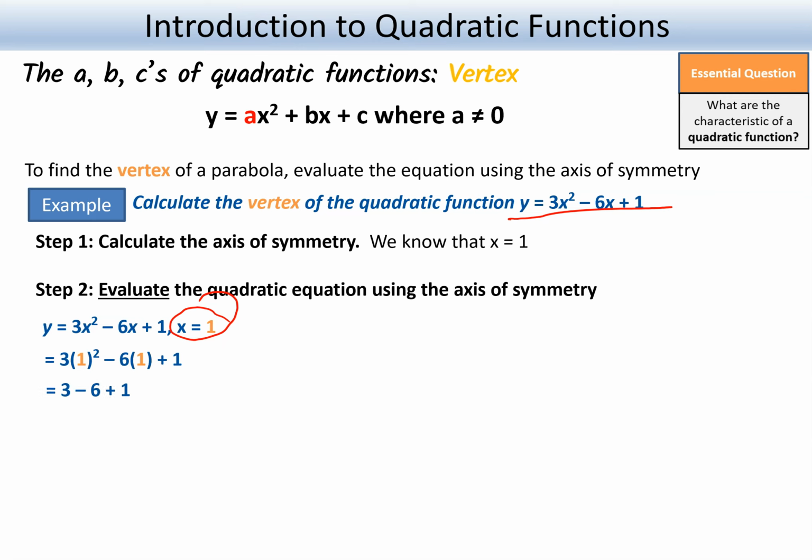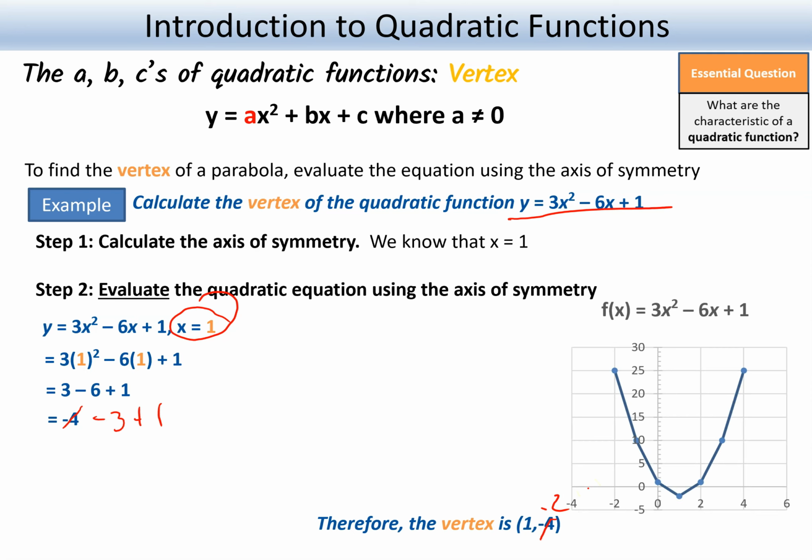That's 3 minus 6 plus 1, which is not right. 3 minus 6 is negative 3, plus 1 is negative 2. So that should be negative 2. So our vertex is (1, -2). Our axis of symmetry is just 1.